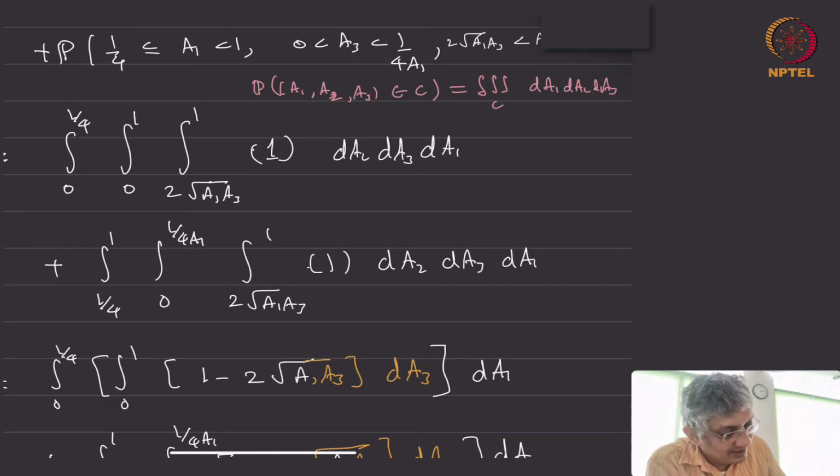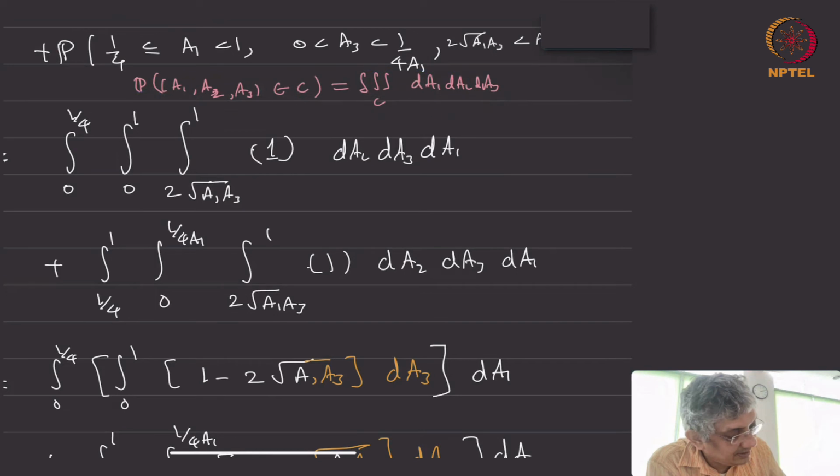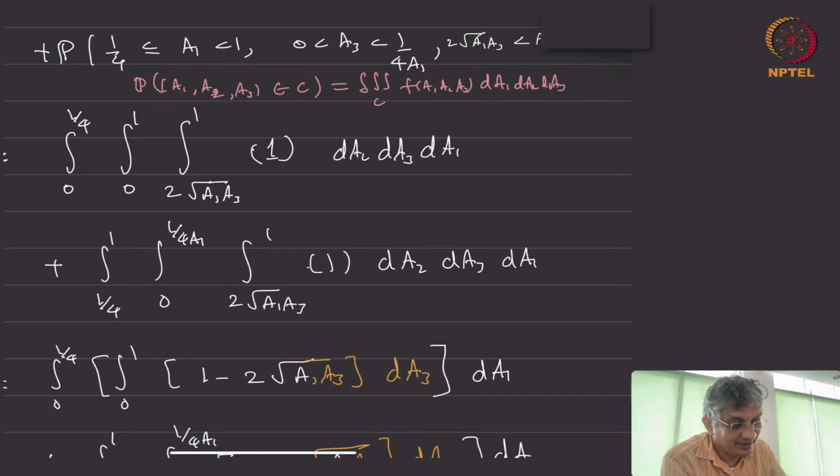Maybe I'll write this a little bit bigger, and then I'll have an f of A1, A2, A3, the joint density of this guy. That's what it's going to be. Let me mark this in orange.